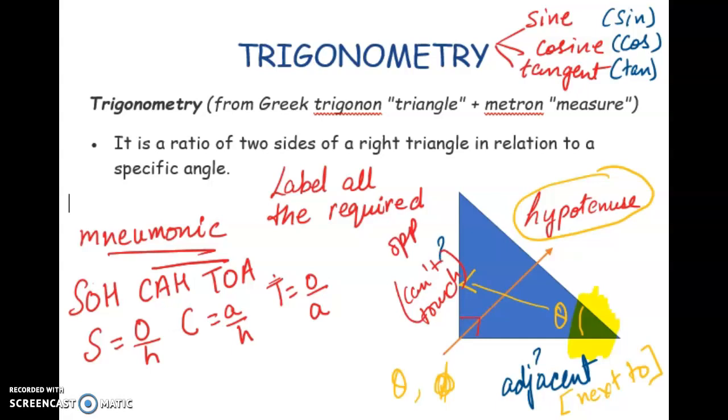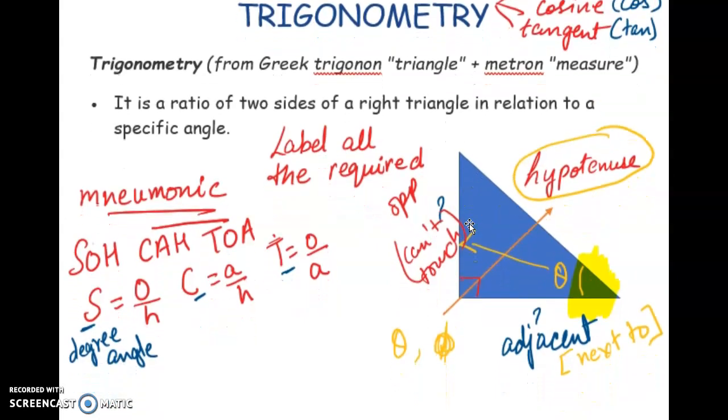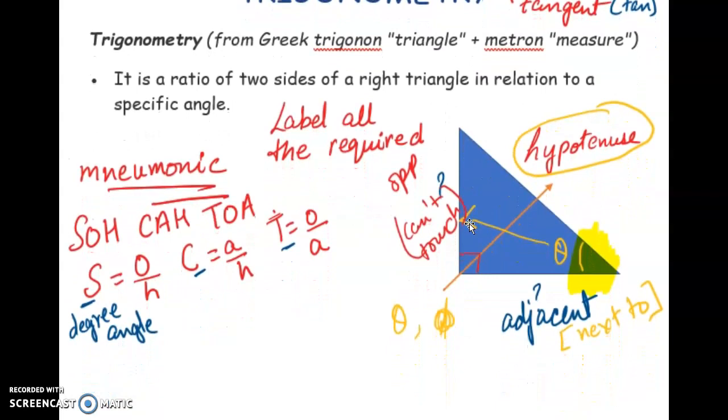So this is the basic mnemonic, SOH CAH TOA, and it is easy to understand. Sine defines these first, S, C, and T, right? These define the degree. That means the angle we are talking about. In this case, we are talking about theta. So we will write sine theta because that's what we are talking about, right?